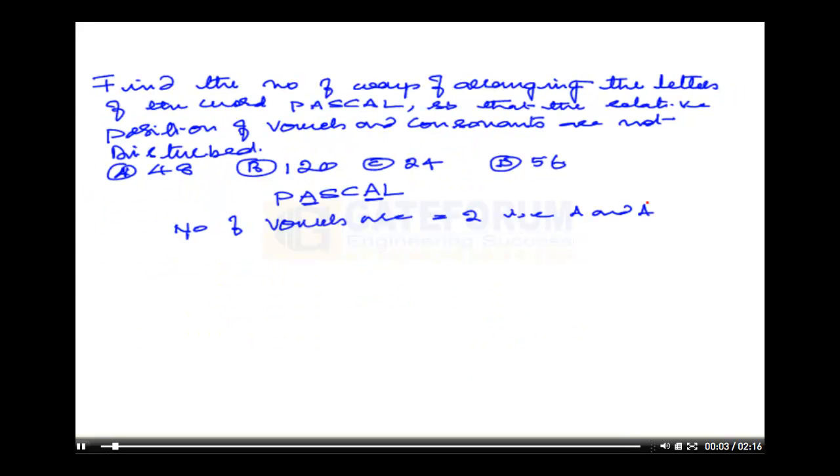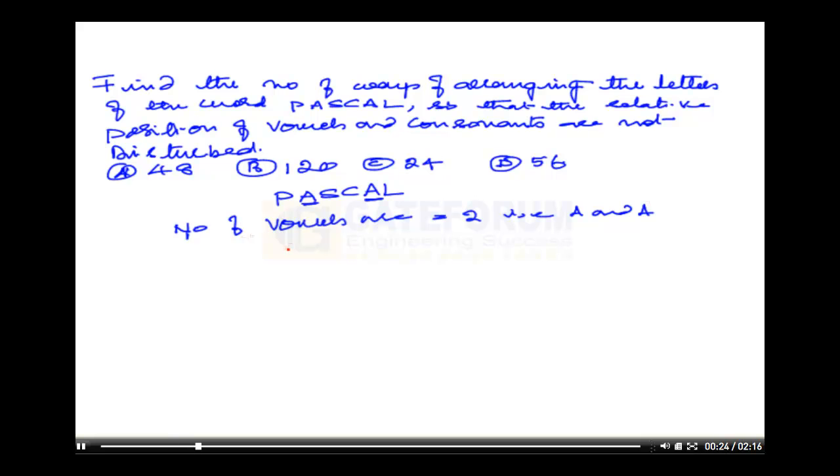We are given a word Pascal which contains 2 vowels, that is A and A. The question here: we have to arrange all the 6 letters of the word so that the relative position of vowels and consonants are not disturbed.